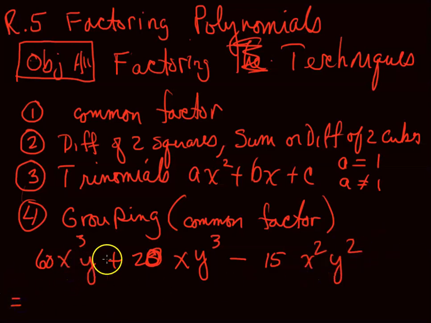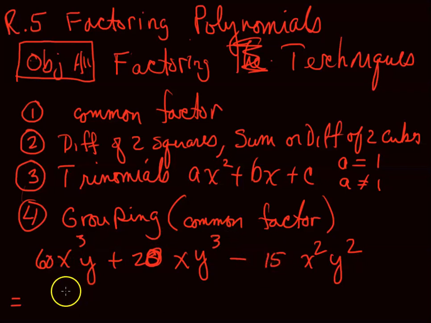When you look at this, you see 3 terms. So you could say, let's skip down to trinomials, but the first thing you should look for is a common factor. Is there a number common to all 3 of these? Can I pull that number out? Well, 60 is too big. 20 might work because it goes into 60, but that's too big.